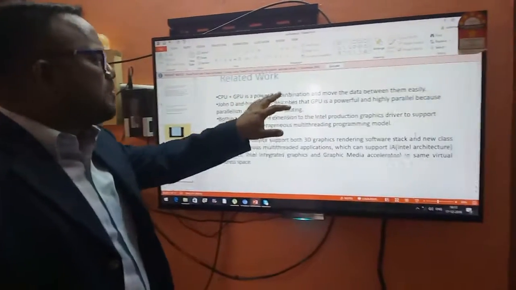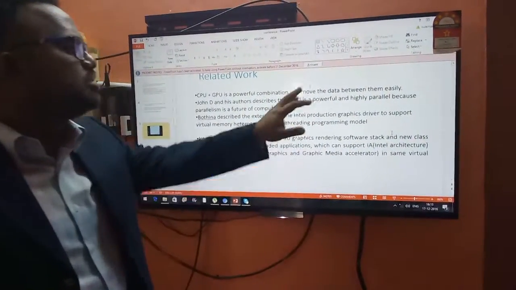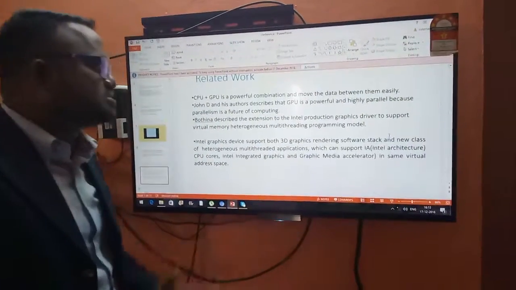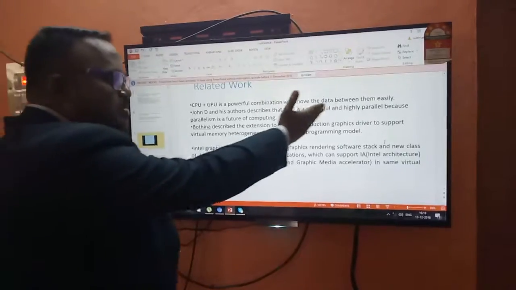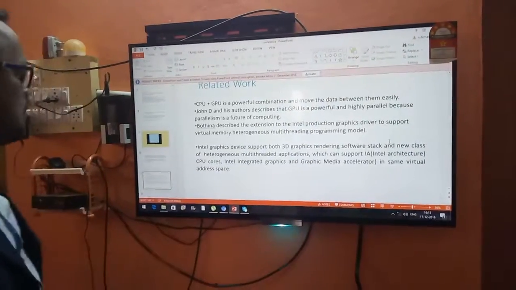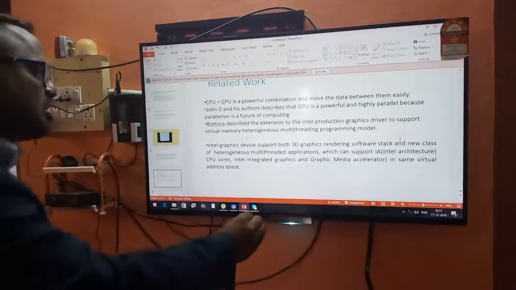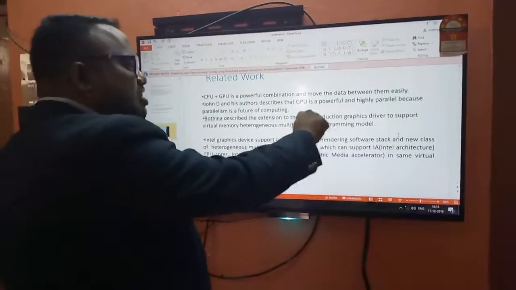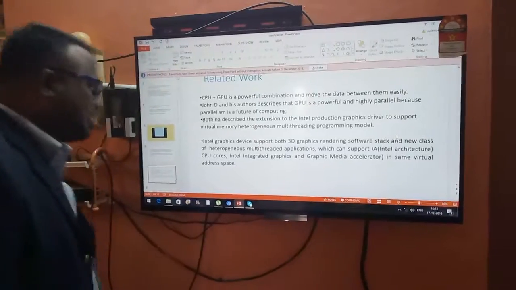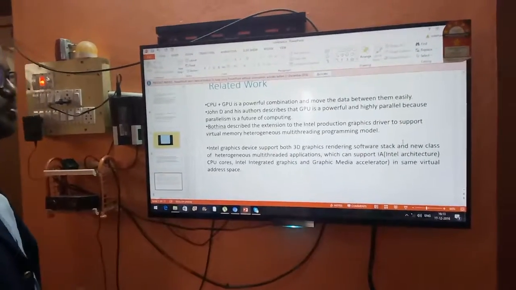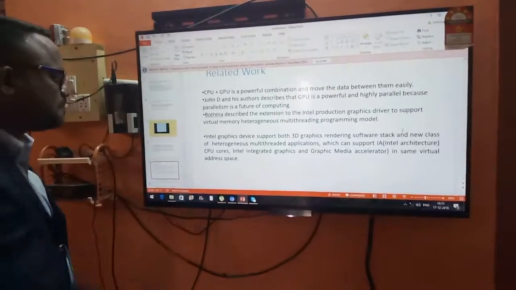CPU and GPU are a powerful combination, and data can be moved between them easily. John Dee and his co-authors describe that the GPU is powerful and highly parallel, because parallelism is the future of computing. Bothina described the extension of the Intel production graphics driver to support a virtual memory heterogeneous multi-threading programming model.